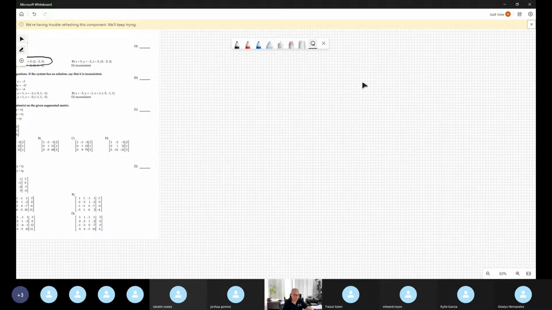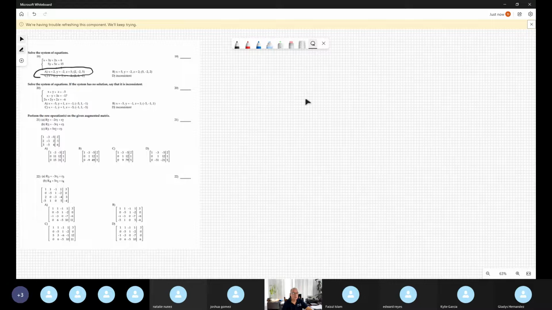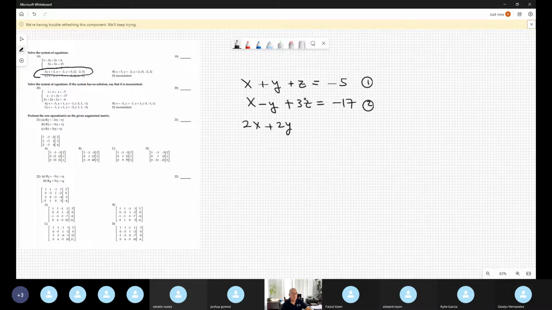Let's go to number 20. It's super easy. It's the system: x plus y plus z equals negative 5. This is my first equation. x minus y plus 3z equals negative 17. And finally, 2x plus 2y plus 2z equals negative 6, equation 3.